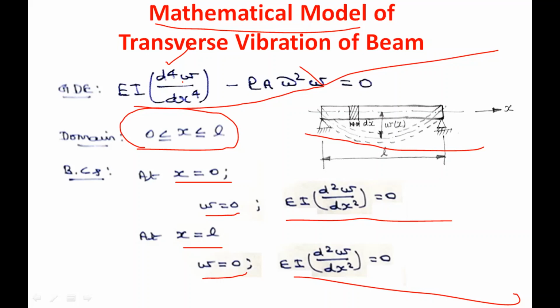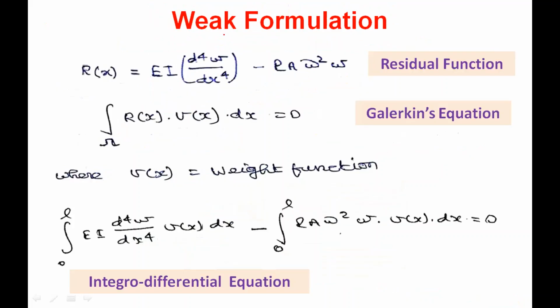But if you reduce the order of differentiation by half, then we are able to solve the problem using a second order polynomial itself. If you want to use that beam element to solve the transverse vibration problem, we have to reduce this order of differentiation by half. By using the weak formulation approach, we are able to do that.